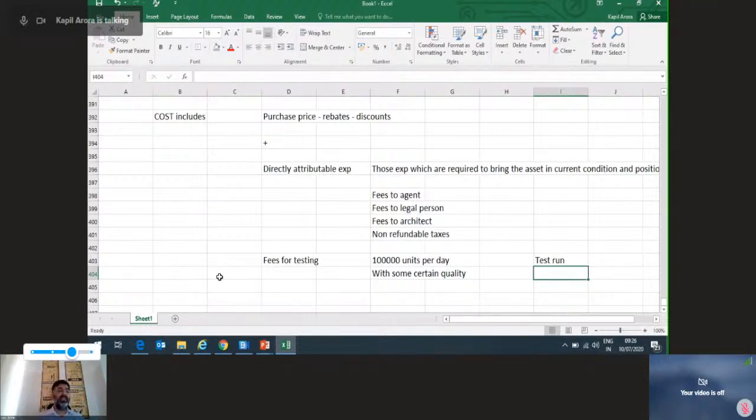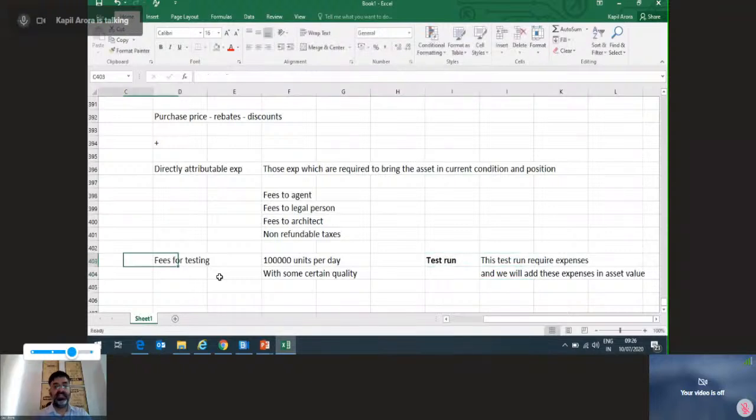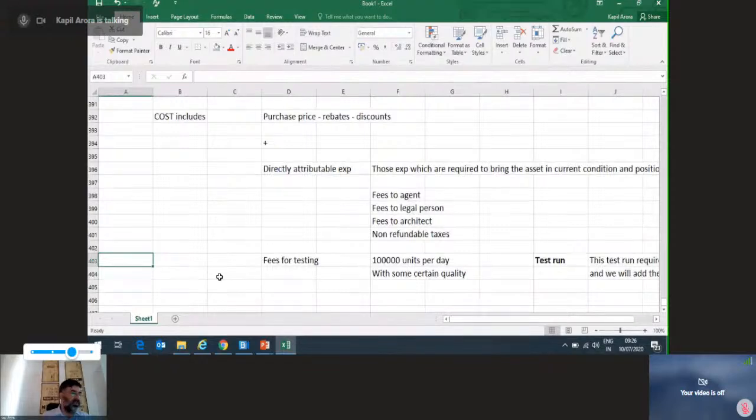If it is working in the same manner or not, I do a test run, and this test run requires expenses, and we will add these expenses in the asset value, because it is a required expense to ensure whether we are going to get the same output or not.